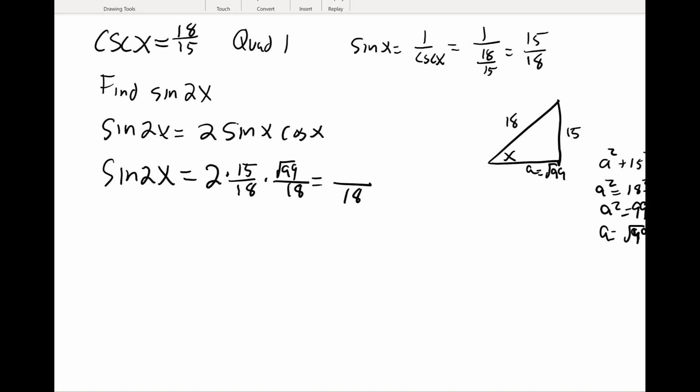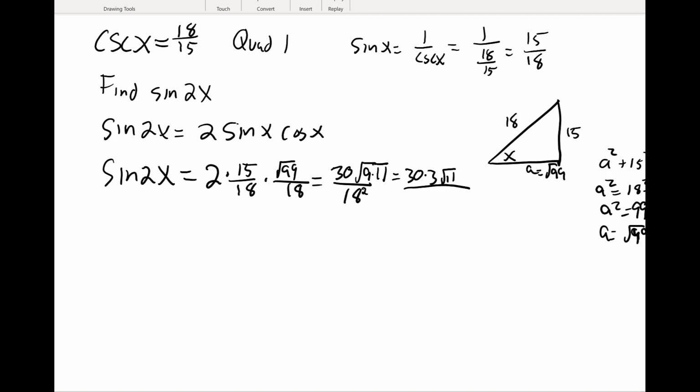Then on top I have a 2 times 5 is 30. The 99, 9's a factor, so you have the square root of 9 times 11. So you end up with 30 times 3. Oh, that's 18 squared, by the way. Times the square root of 11.